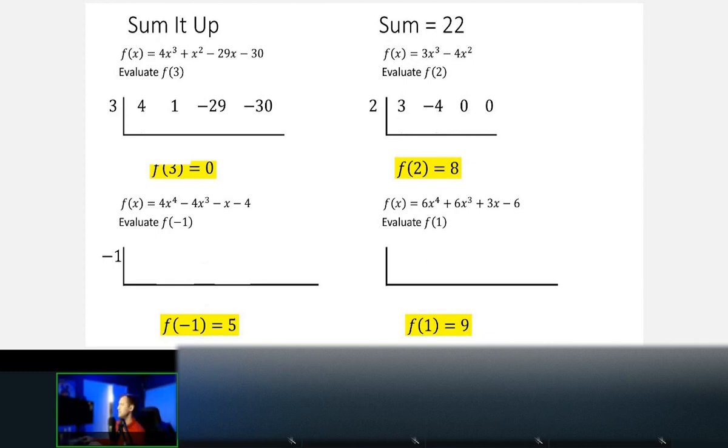Okay, yeah. 4, -4, 0, -1, 4. What about the bottom right? What are those numbers to set it up? 6, 0, 0, 3, -6.